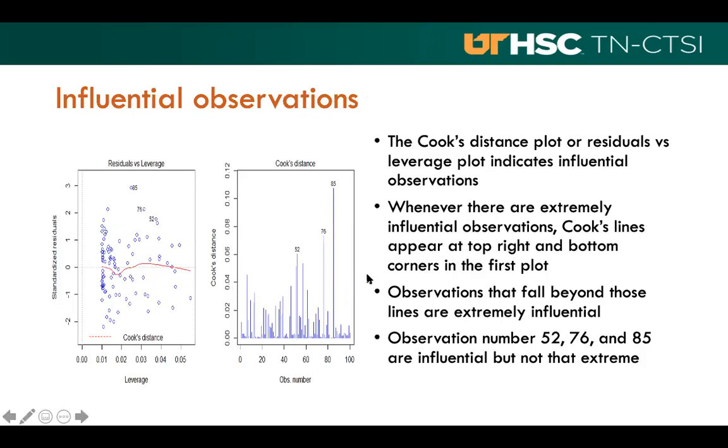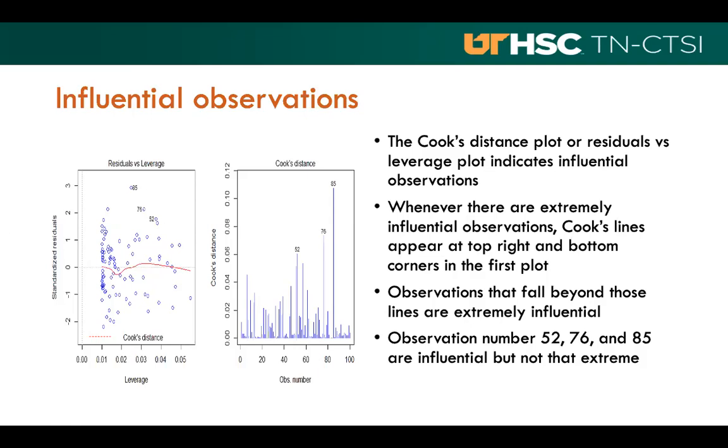It lies around here. When we divide 4 by 98, we get about 0.04. So all the observations with the Cook's distance above this line raise concern. There might be outliers.